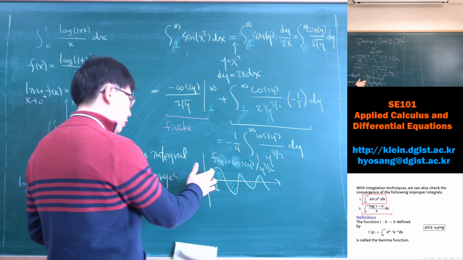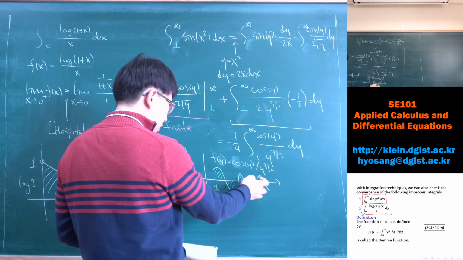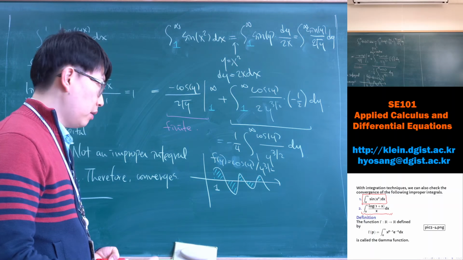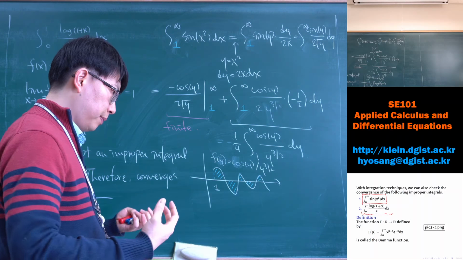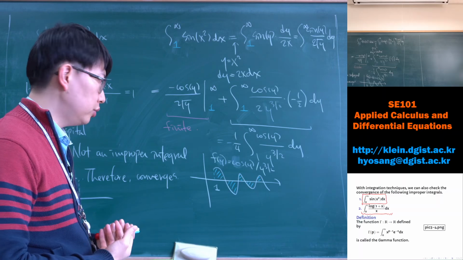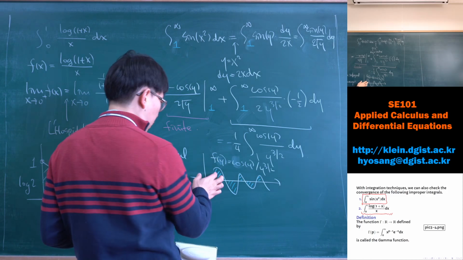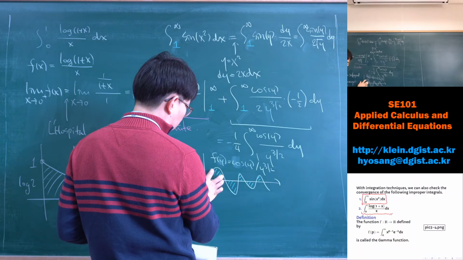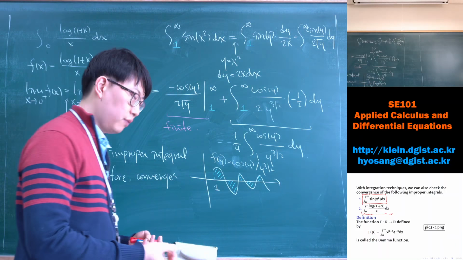So if you're adding all these areas as positive areas, and if the sum of positive areas converges, then the sum of areas, positive and negative areas, also converges.